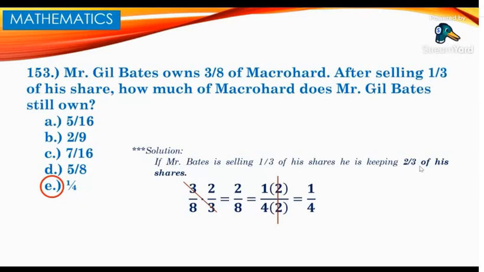Or we could write it sa pinakamadaling paraan as 3/3, that is 1, para mas madaling mag-multiply. So, 3/3 minus 1/3, so that is 2/3. Okay, so the correct answer for this is, so out of 3/8 niya, binenta niya yung 1/3, so yung naiwan na lang is 1/4.